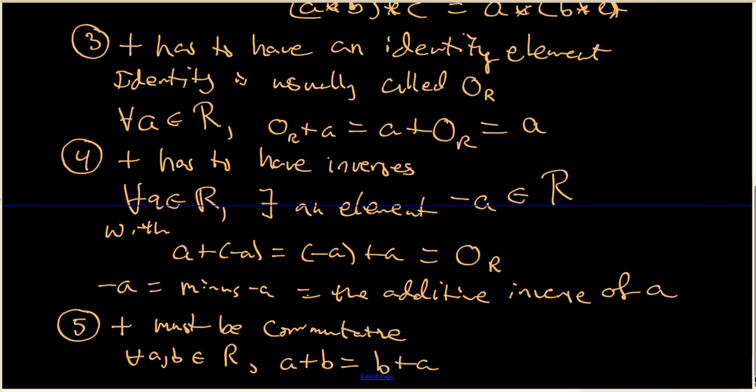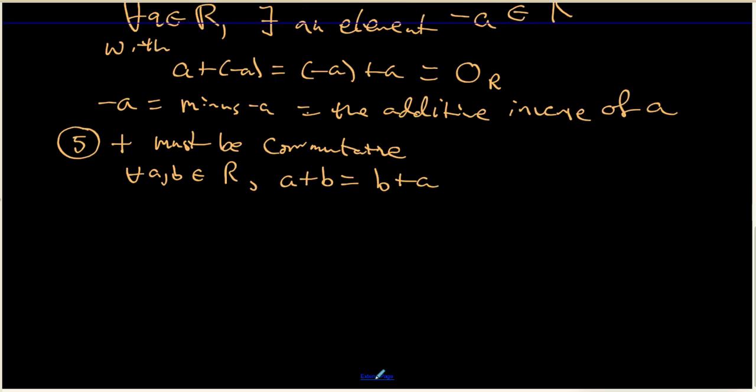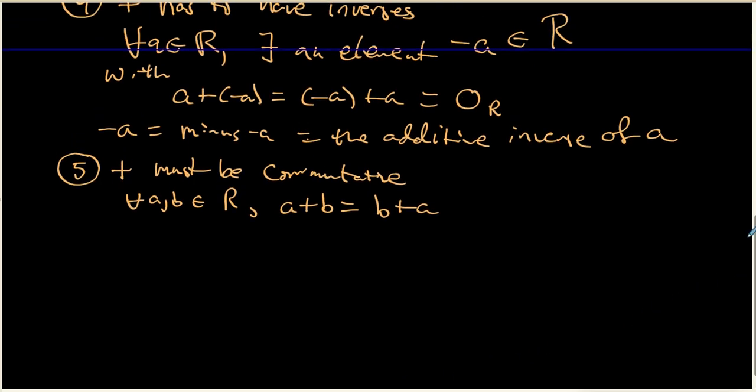And then we have two more properties. These two additional properties are together referred to as distributive laws. And let me make that more readable. We get two of them.